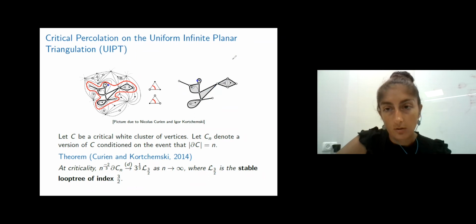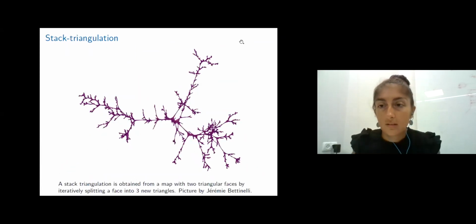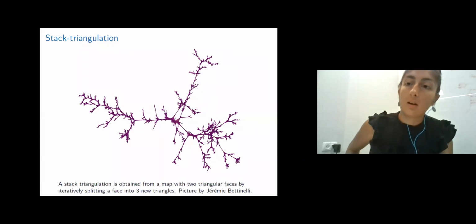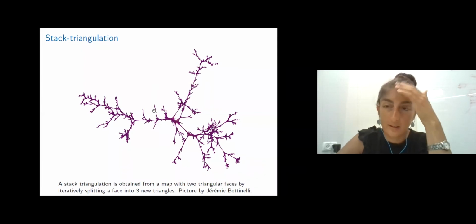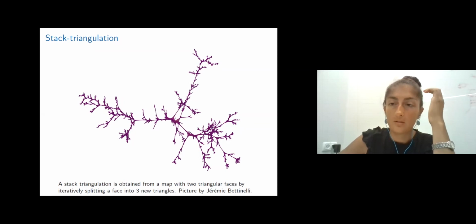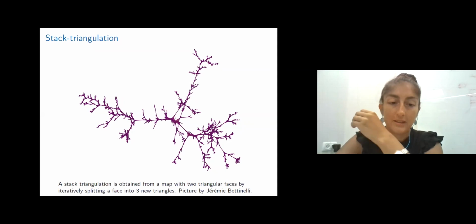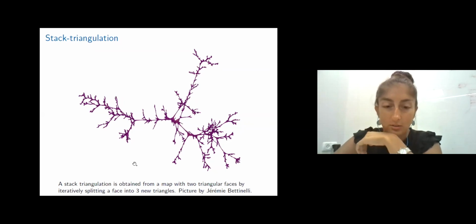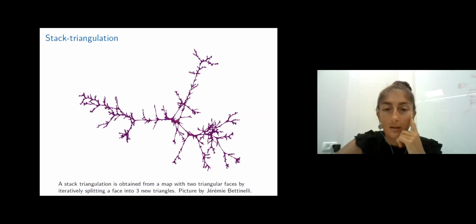Also, there are other examples too. So this here is a different picture. It's called a stack triangulation. It's completely different, but it's formed in some ways a bit like the Sierpinski triangle. So you basically take a random map and you start with just 2 triangular faces, and then you iteratively split each face into 3 new triangles and keep going and take some kind of limit.